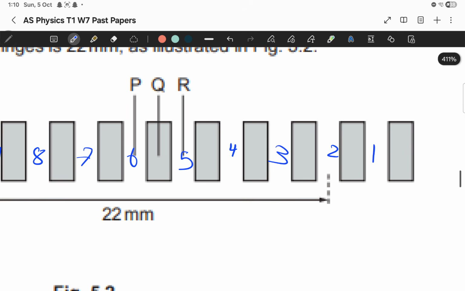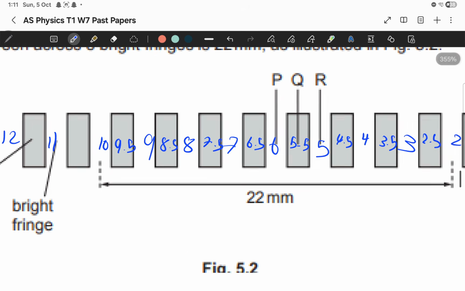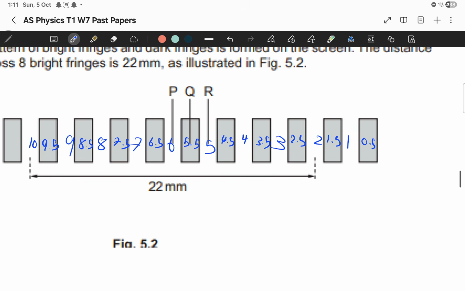My calculations will not have an effect. You'll see what I mean now. Okay, so now the dark fringes, we're gonna start taking it from here. So actually it's just 0.5, 1.5, 2.5, 3.5, 4.5, 5.5, 6.5, 7.5, 8.5, 9.5, and we don't need the 10.5. We're done.